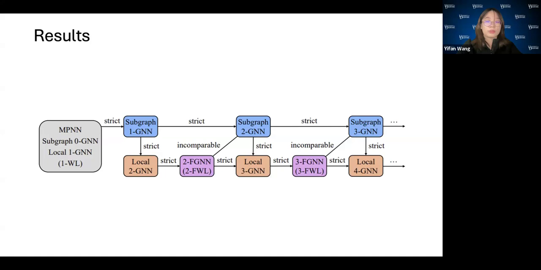But as we mentioned before, they might also come with higher computational costs. So subgraph GNNs and local GNNs are also powerful, and they increase their expressiveness as the graph depths or local structures they can encode become more complex. And this hierarchy starts from the simplest message passing neural network.